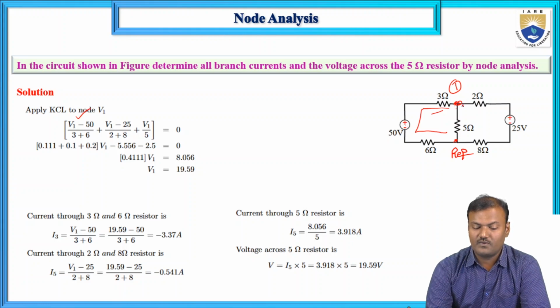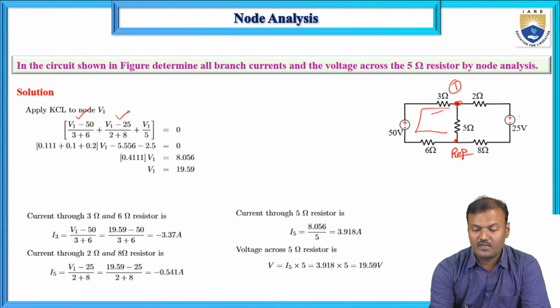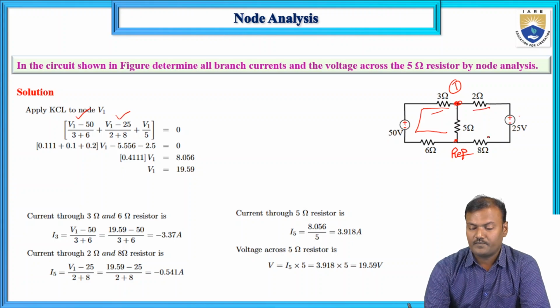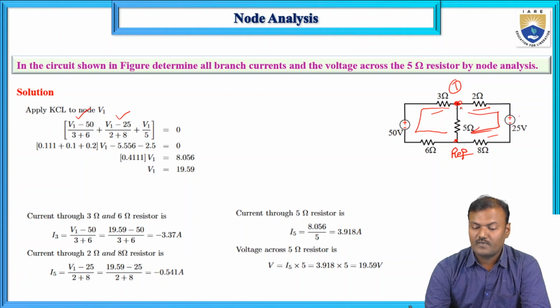The next one is V1 - 25, positive polarity again connected to positive polarity, so the two are in subtractive condition, that is (V1 - 25)/(2 + 8), two resistors connected in this path. The last one is the current flowing through 5 ohms.